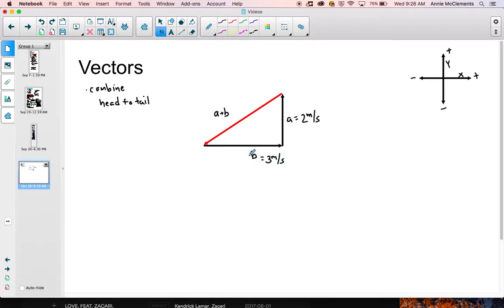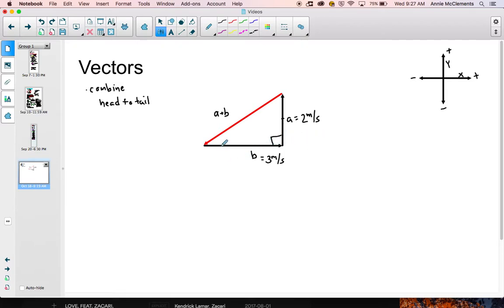We could actually find the magnitude for A plus B using right triangle geometry, which some of you are probably going to be like, oh no. If we're given the two legs of the triangle, this one and this one, we can find the length of this hypotenuse using the Pythagorean theorem.